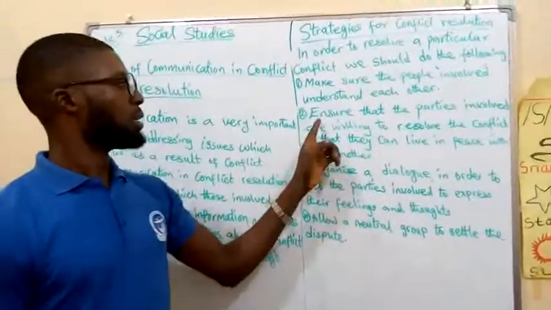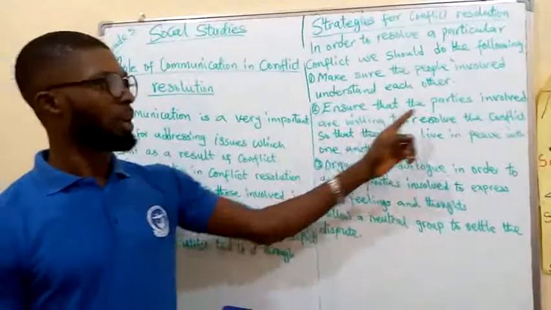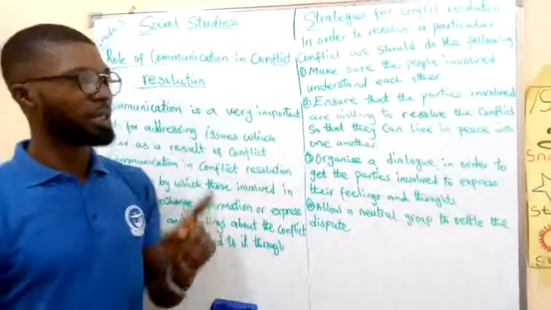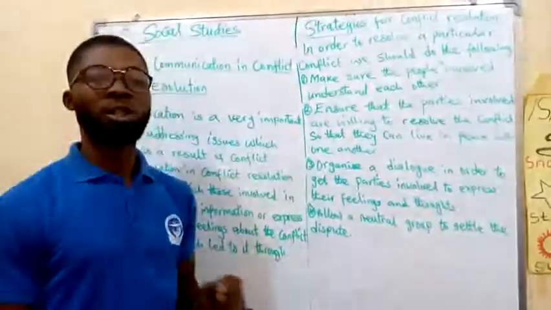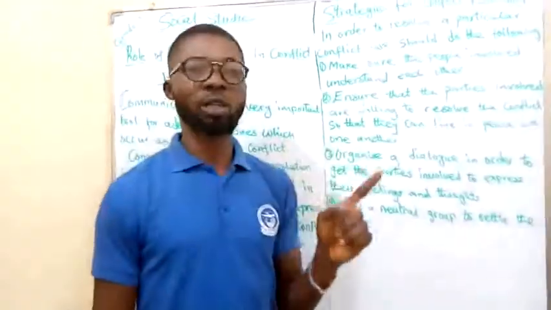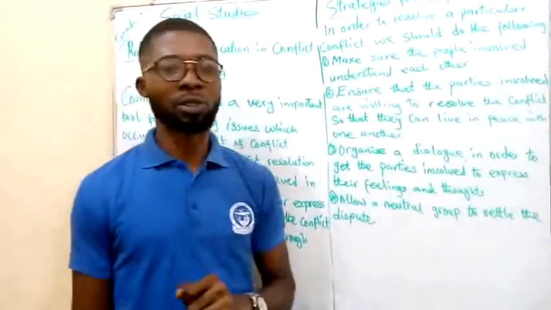Now we have number 2 here, which says to ensure that the parties involved are willing to resolve the conflict so that they can live in peace with one another. We should ensure that the parties involved are willing to resolve the conflict so that they can live in peace with one another.